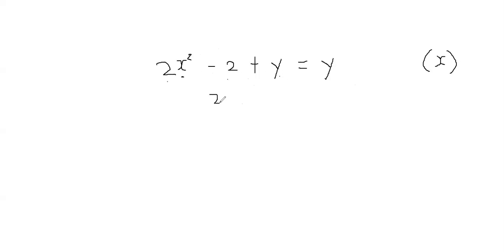So we have 2x squared minus 2. But when we take over this y, it becomes minus y.